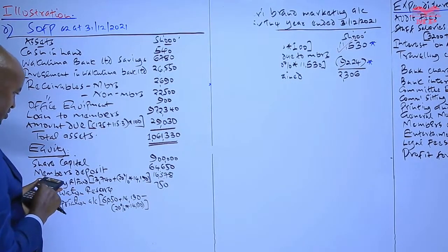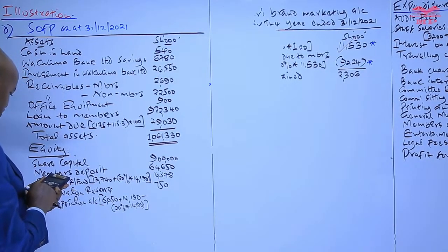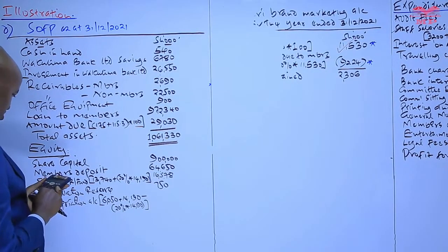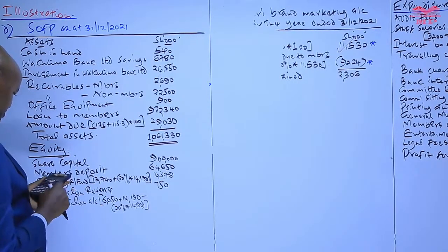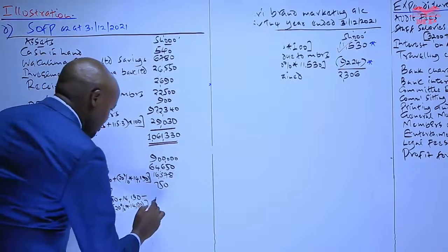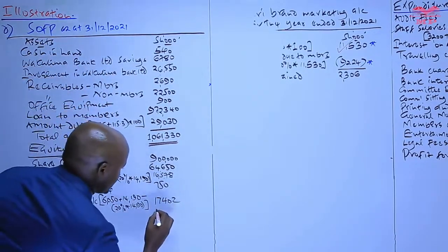We have 6,050 plus 14,190, and then to that we less 20% of 14,190, and that will give us 17,402. Yes. So those are the items of equity.